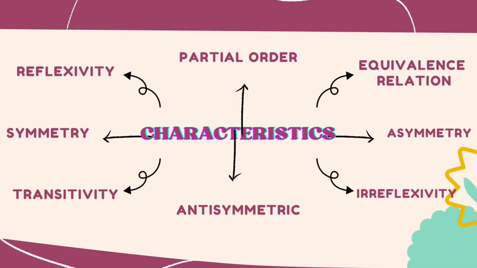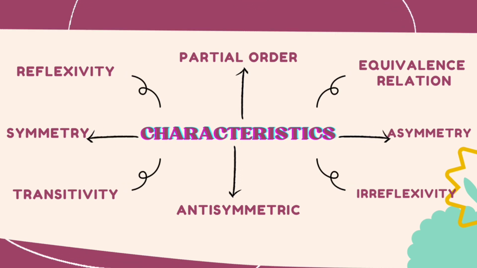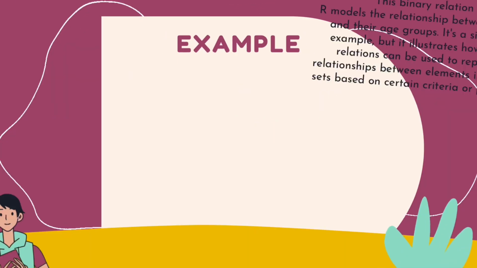These criteria help define and characterize different types of relations, and they are fundamental in various branches of mathematics, including set theory, algebra, and discrete mathematics. The specific criteria applicable to a particular binary relation depend on the properties you want the relation to have, based on the context of the problem or application.